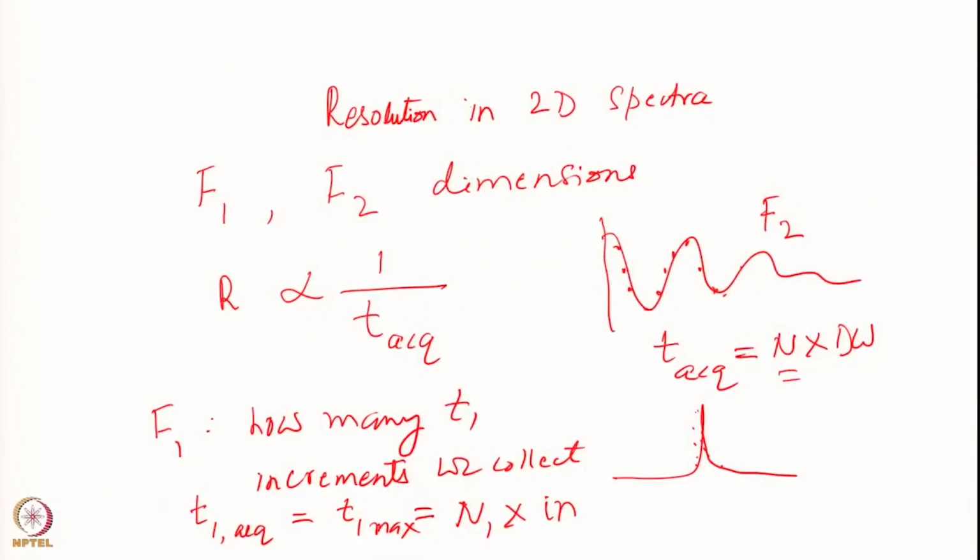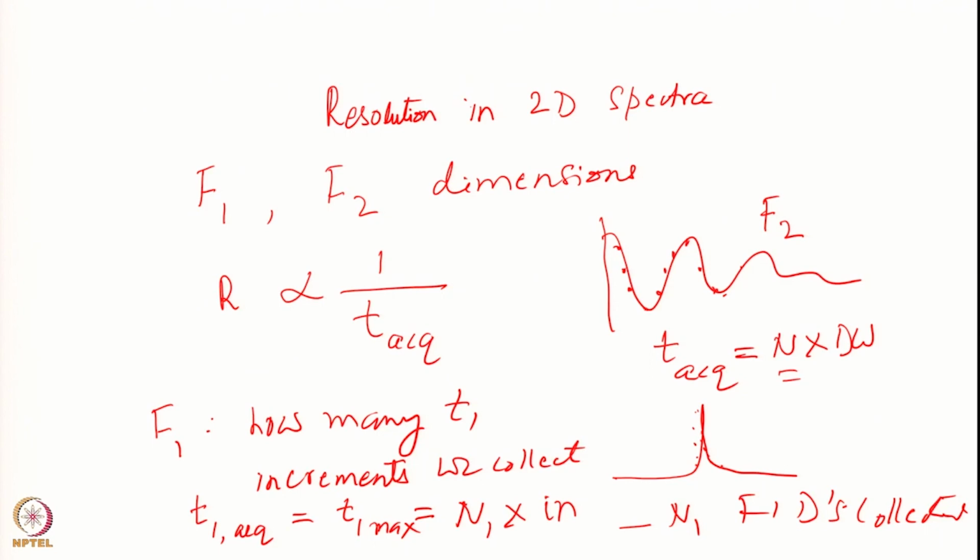That means we have n1 FIDs collected. So, if you want to increase the acquisition time along the F1 dimension, we will have to increase the number of increments, the number of experiments, the number of FIDs you collect. Therefore, it is a very time consuming process.